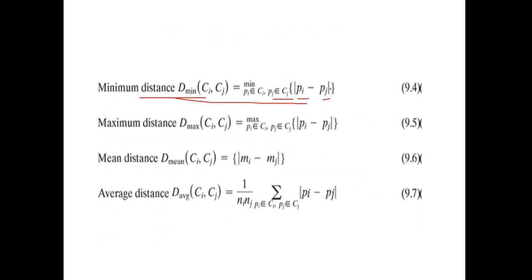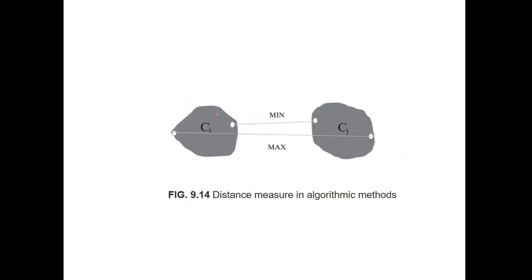The objective of minimum distance is to find the closest points Pi and Pj, where Pi belongs to Ci and Pj belongs to Cj. Consider this is Pi, this is Pj. They are nothing but the points in clusters Ci and Cj. These 2 points have the minimum distance compared to the remaining points in the clusters Ci and Cj.